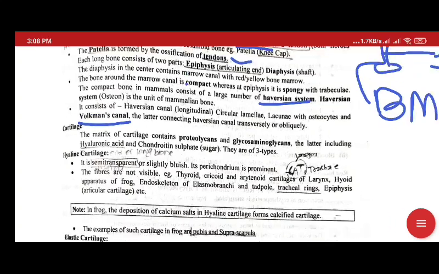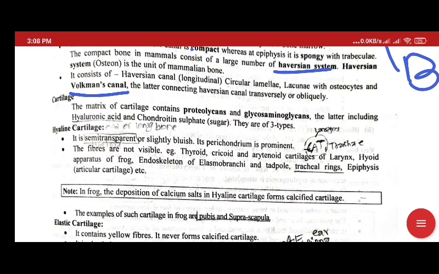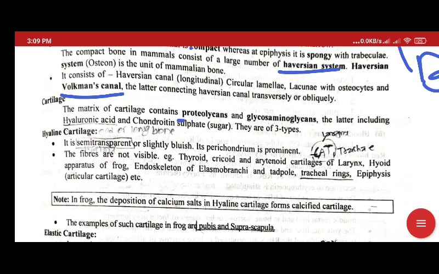Now cartilage. Now student, we know that cartilage has chondrin protein, and this is softer than bone. Here matrix occurs. That matrix contains what? Proteoglycans and glycosaminoglycans.